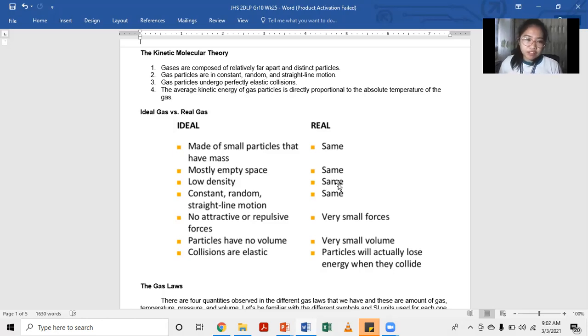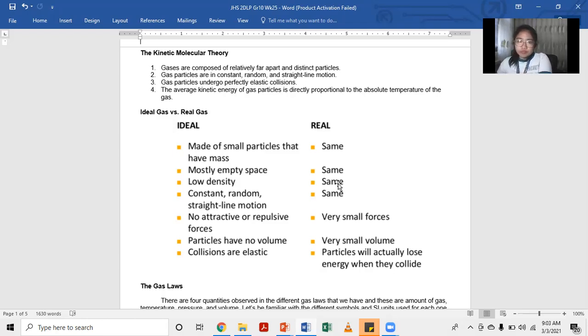And so, there is no volume for the particles in an ideal gas, but for the real gas, they have a very small volume. And then for the ideal gas, collisions are elastic. In real gas naman, the particles will actually lose energy when they collide.